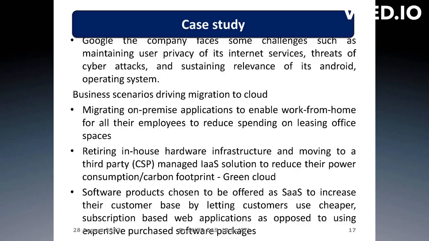Software products were chosen to be offered as SaaS to increase the consumer base by letting customers use cheaper subscriptions based on web applications as opposed to expensive purchased software packages.